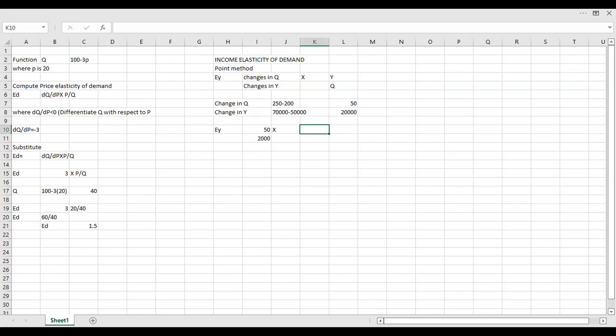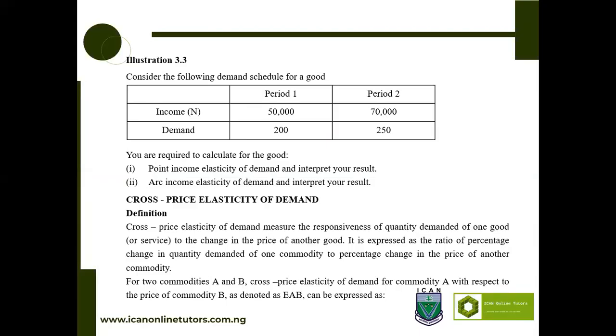This represents the current income of 50,000, divided by the current demand, which is 200.